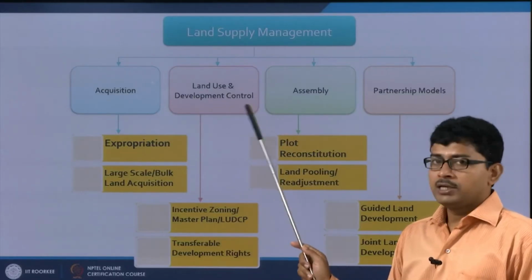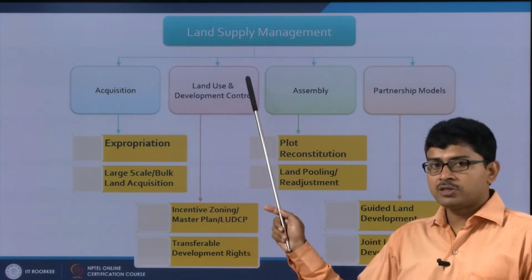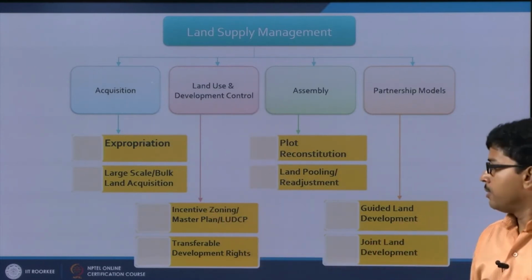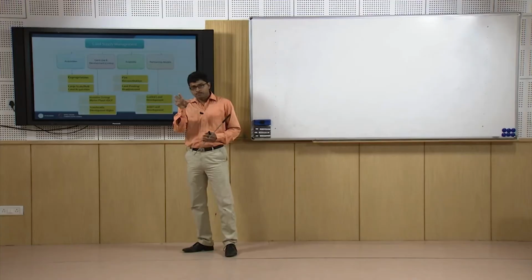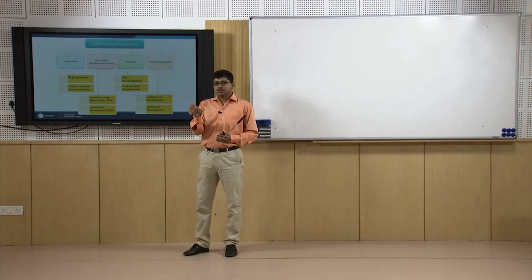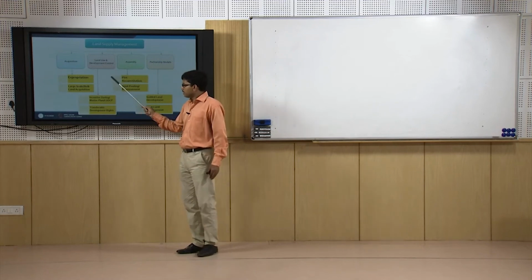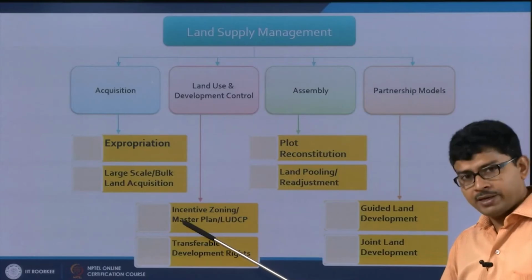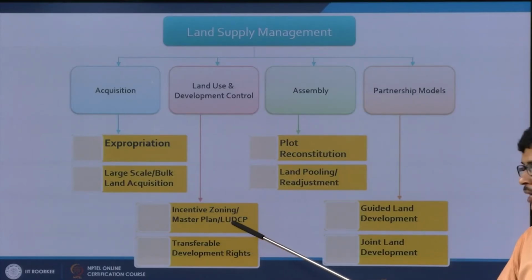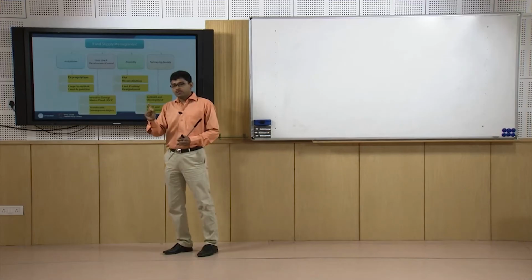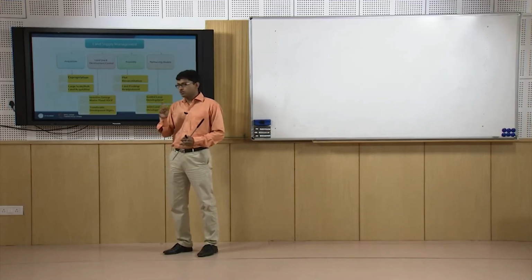In this approach they do not acquire the land, but they make a prescription of land use and control for the building. Sometimes it is called a master plan, sometimes a land use and development control plan, where they assign specific land use, specific buildability, specific controls.